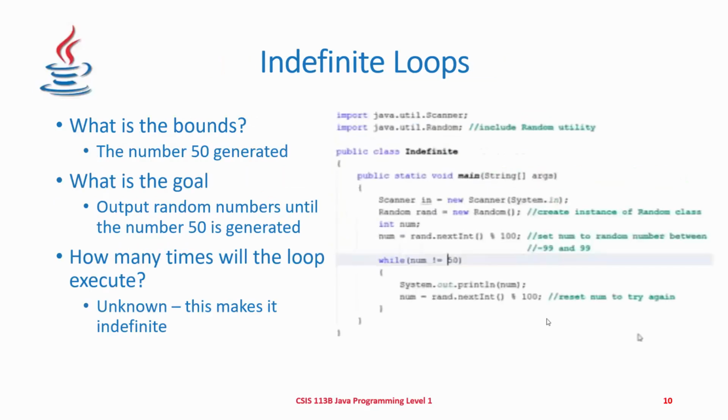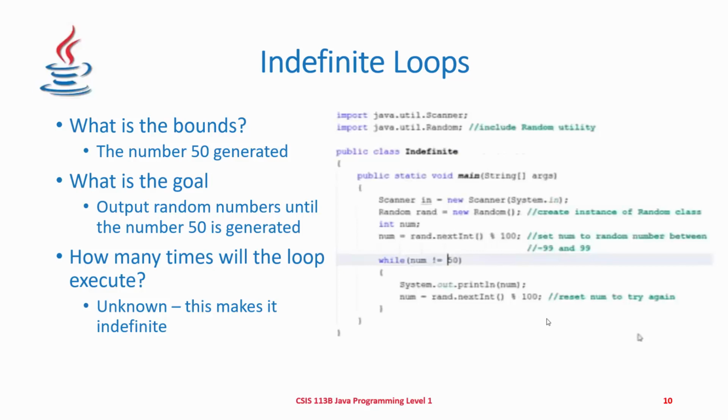Indefinite loops, or indeterminate loops, might be a better way to say that. That's the example that we're looking at here. The bounds in this particular case is we're waiting for the number 50 to be generated. If you look down into the body of the program, you can see that the Boolean expression for the while loop is going to run while the number is not equal to 50.